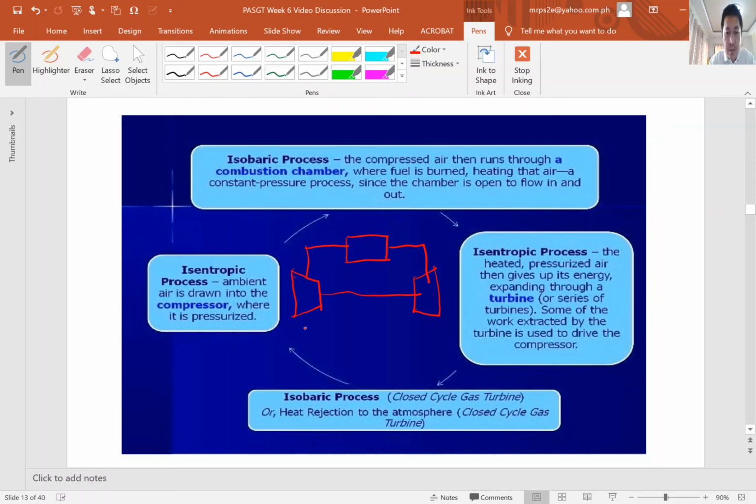So compressor, turbine, combustion chamber.